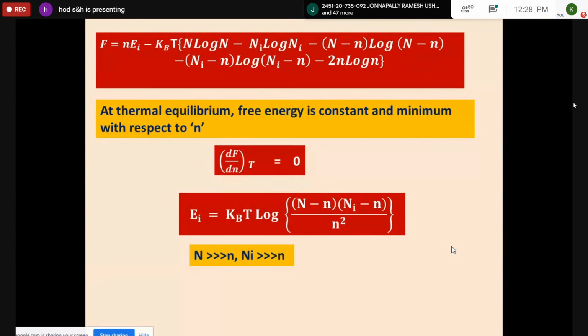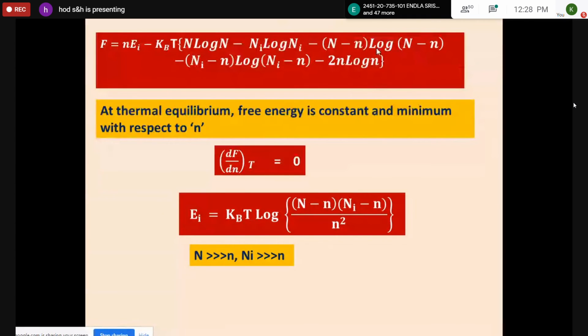So you get 0 minus 0 minus, and from this term you have to take the differentiation. First keep the first factor constant and differentiate log (N minus n), which gives 1 by (N minus n) into minus 1. Plus, now keep log (N minus n) as a constant, and the differentiation of (N minus n) is minus 1.